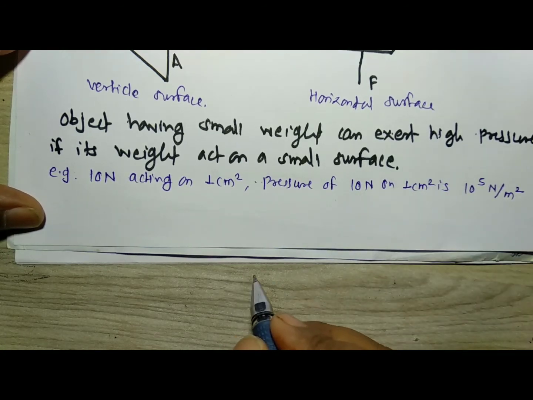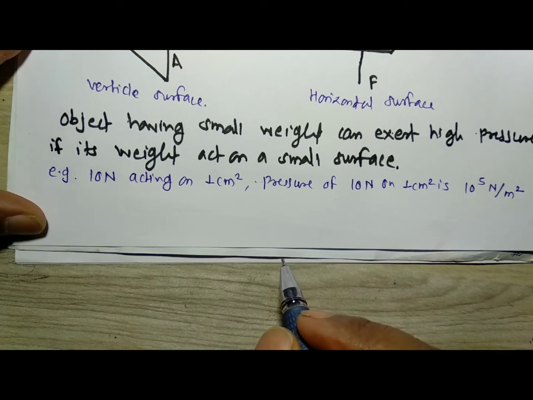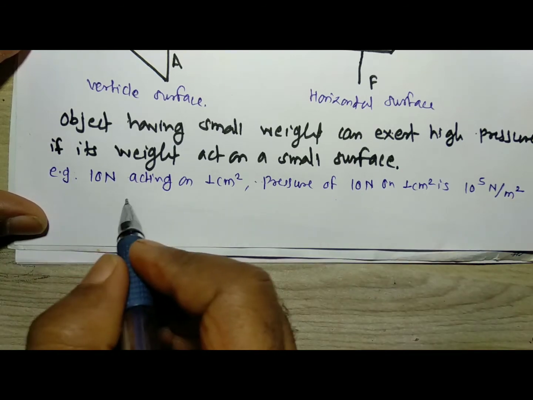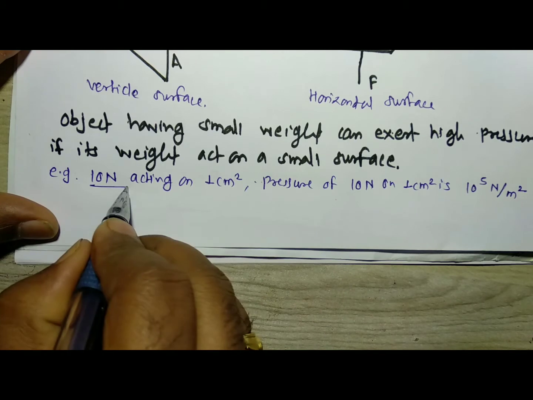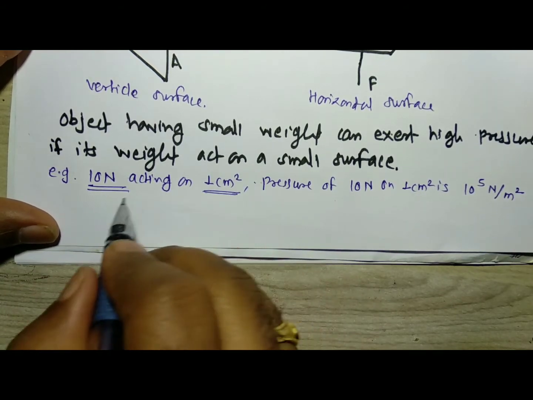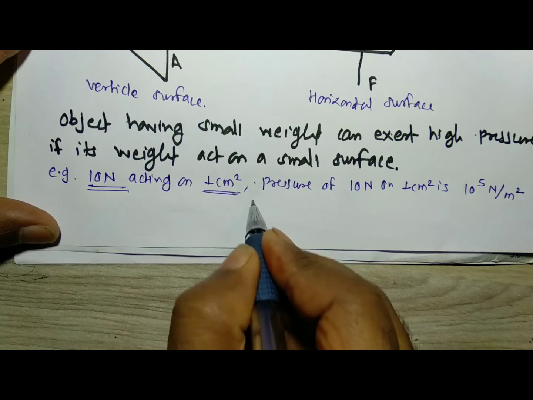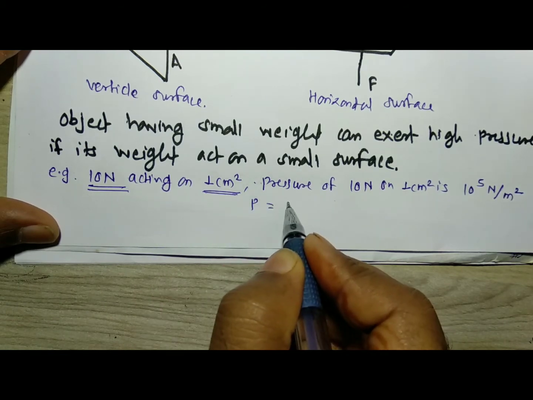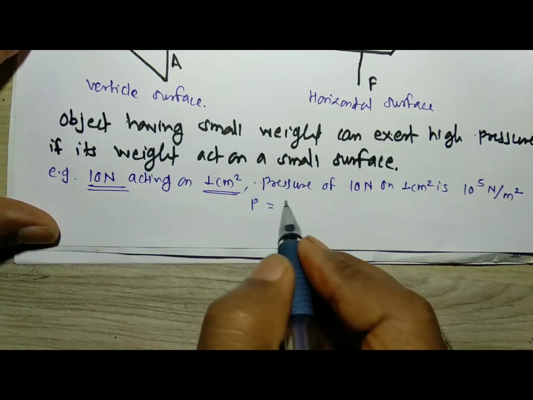How is it calculated? We know that 10 Newton is the force and 1 centimeter square is the area, and therefore pressure is equal to force divided by area.